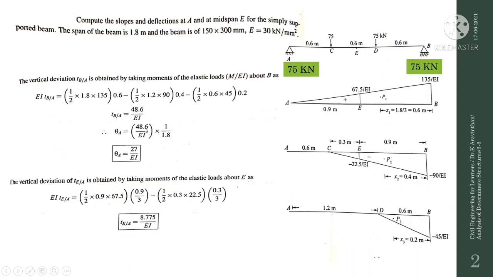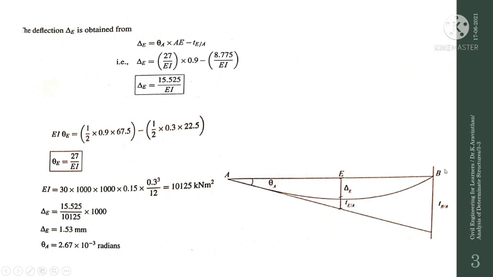Tan theta, we will be applying 48.6 by EI divided by 1.8. It is written here, and 1.8 is the distance. If there is any small deflection which is very negligible, the theta will be same as tan theta. Currently we have found the total vertical deviation at point B and the theta A.